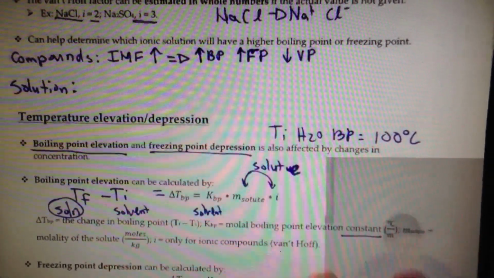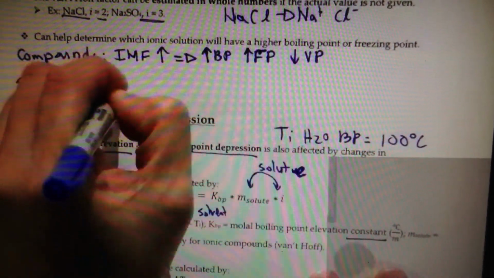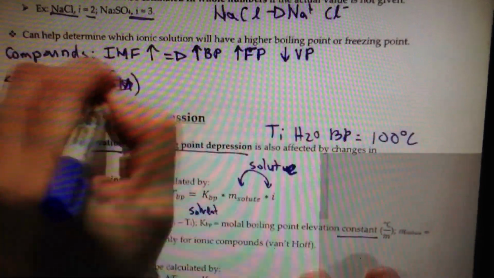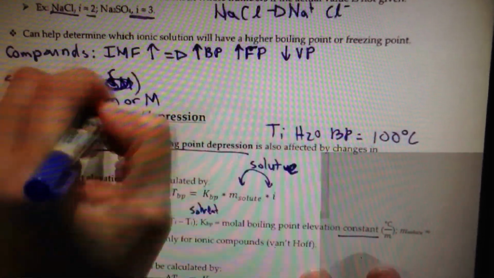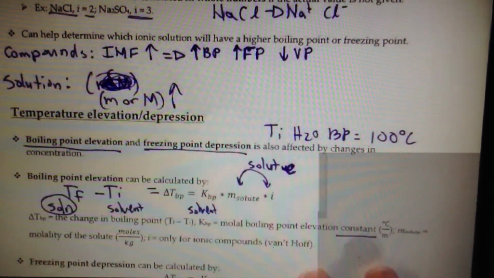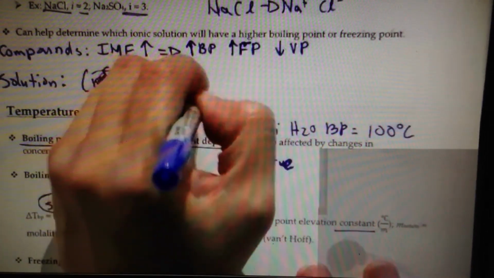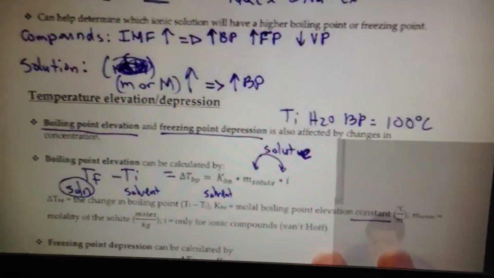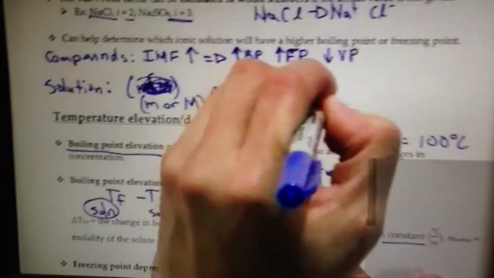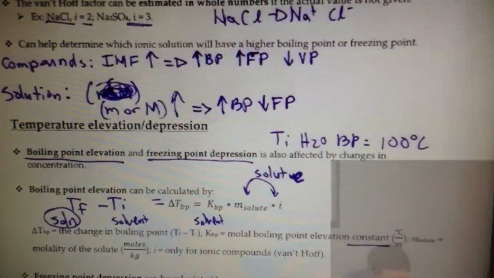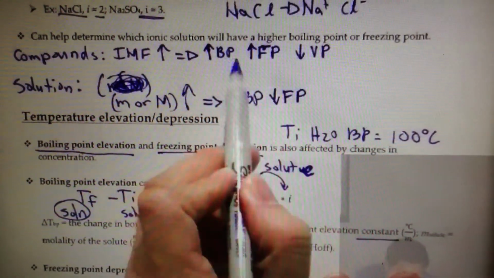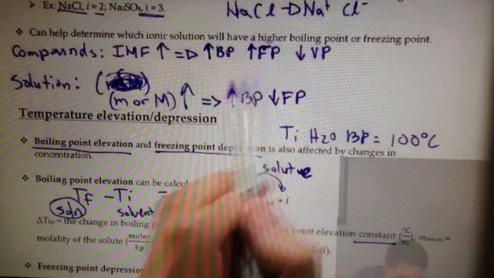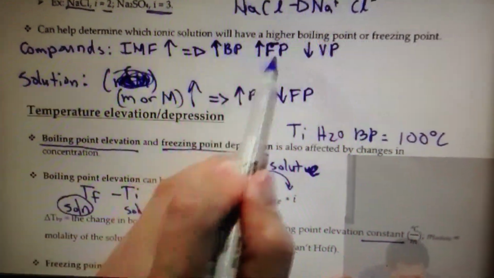So we would go ahead and say if you have a high M or molarity, that means you would have a high boiling point. And here's the trick, everybody look up: low freezing point, because it's not the same one. Somebody might laugh over there, but this is the real deal. Somebody made this mistake before where they thought, if it's a compound, high boiling point, low freezing point.